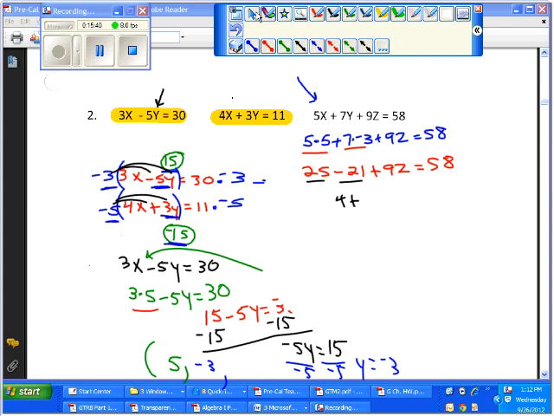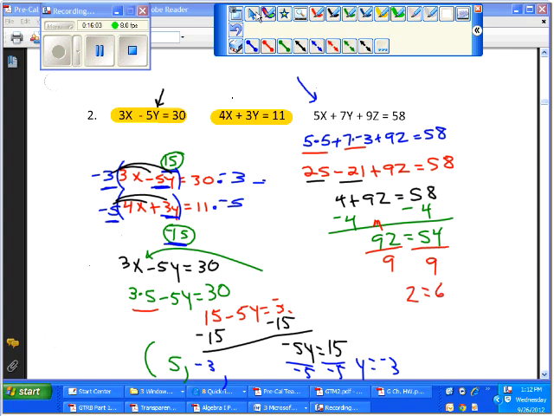Combine like terms, 4 plus 9z equals 58. We've done all we can do to simplify, so now we undo addition by subtraction. We get 9z is equal to 54. Undo multiplication by division, z equals 6. So there's the third member of our ordered set of 3. So the answer is 5, negative 3, 6.